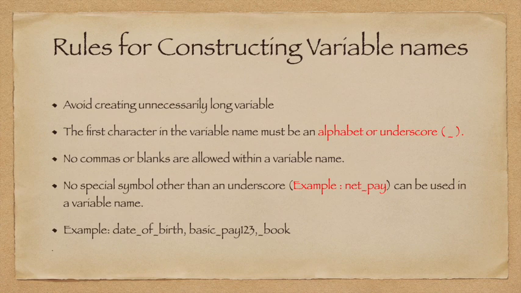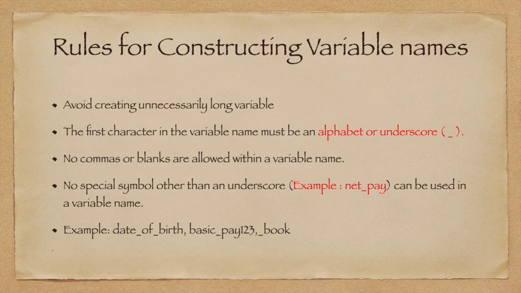The first character of the variable name must be an alphabet or an underscore. It cannot be a digit. Within the variable name, no comma or blanks will be allowed. There will be no special symbol other than an underscore in the variable name.